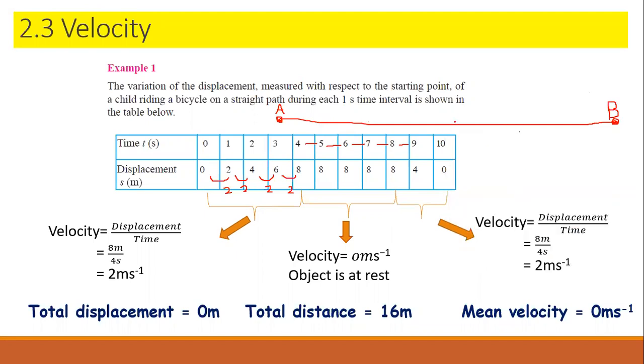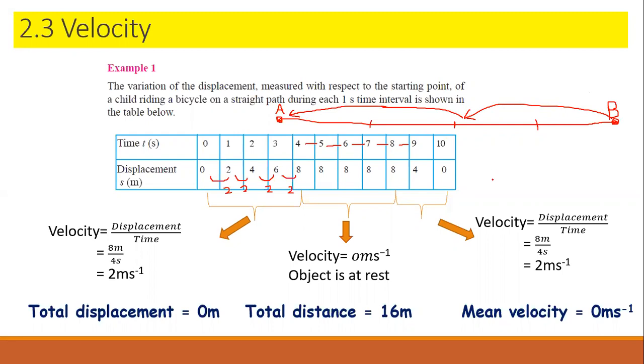Here, if we take it like this, 2 meters, again 2 meters, and again 2 meters, and again 2 meters from A to B. Then in the 9th second, what he has done is he has come back 4 meters. And then again he has come back 4 meters to the starting point.